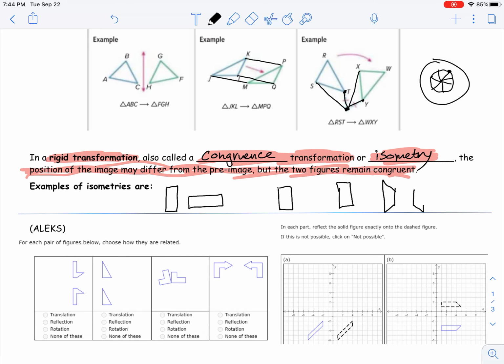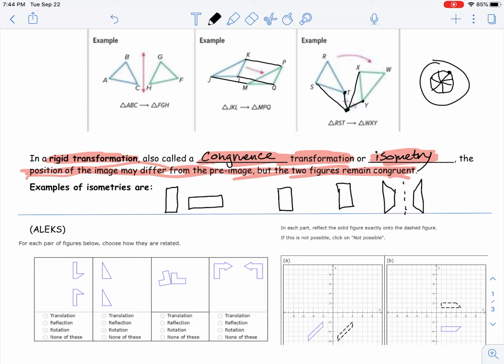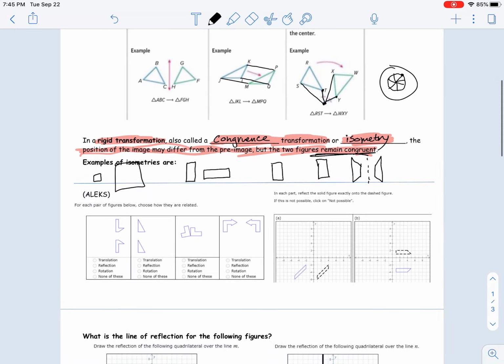So if I'm reflecting this guy, it might look like that, and this would be our line of reflection. One thing that's not an isometry is what we're going to eventually call a dilation, which would be something like this. If I have a square, making it bigger like this would not be an isometry because it's changed size. That's basically what this is saying.